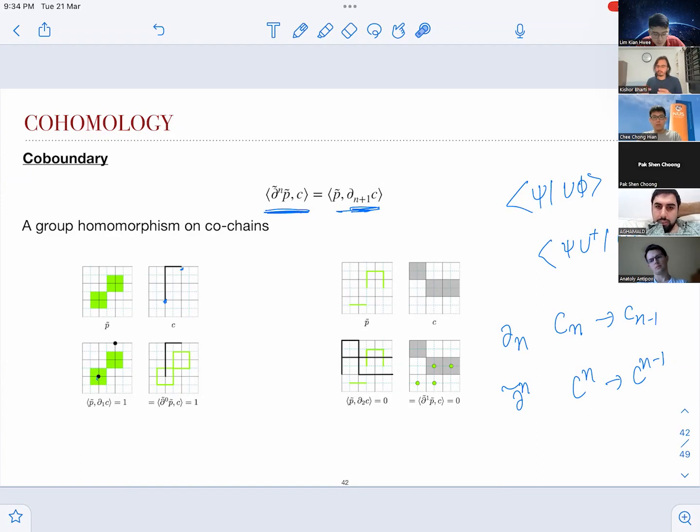Let's see when it's a zero chain and zero co-chain. In one case you are looking at plackets, but in the other case you are looking at vertices, so there is a mismatch of dimensionality. So that's what this n plus 1 and n captures here.